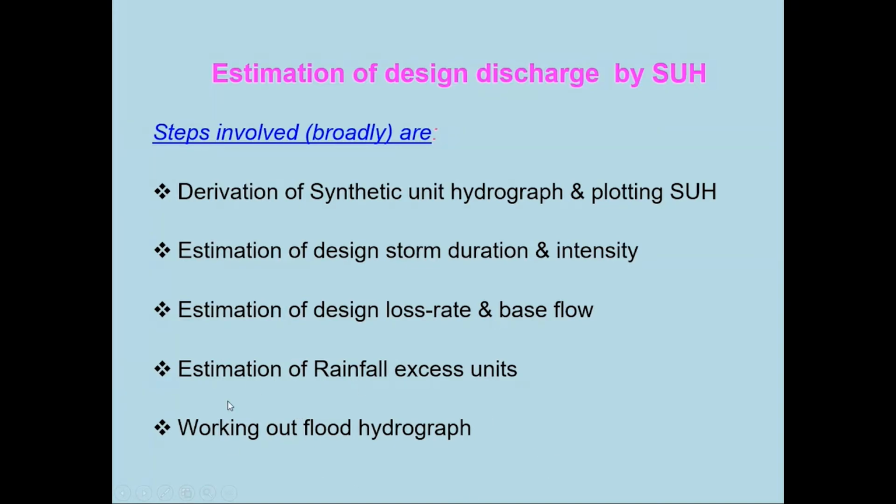Means you don't have to decide all the ordinates of the flood hydrograph, but by a shortcut method, you arrive at the maximum value of that ordinate, because you are interested in that.